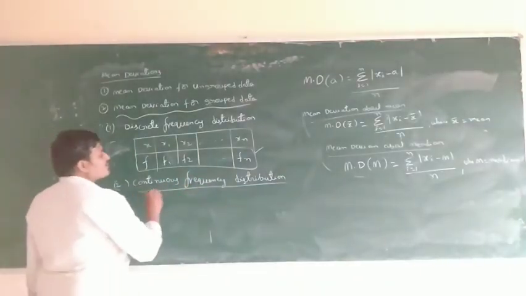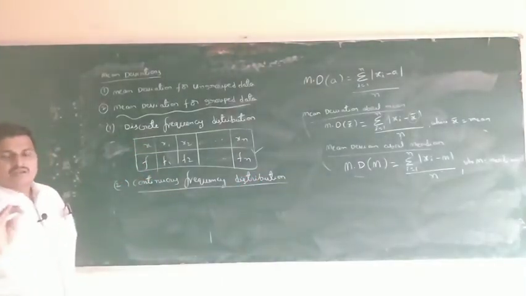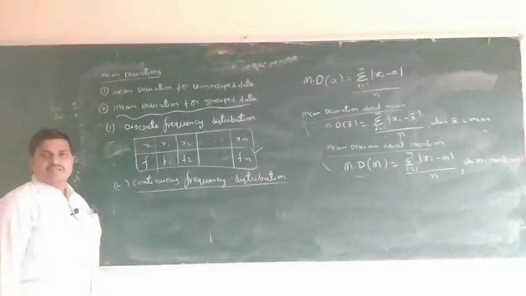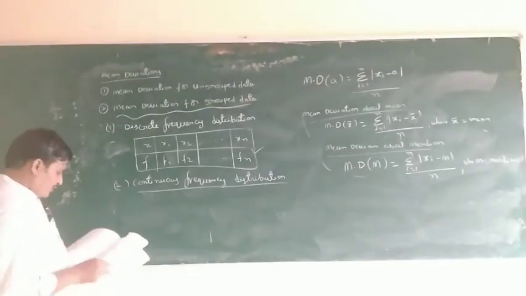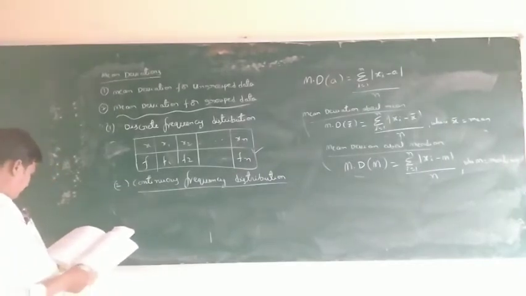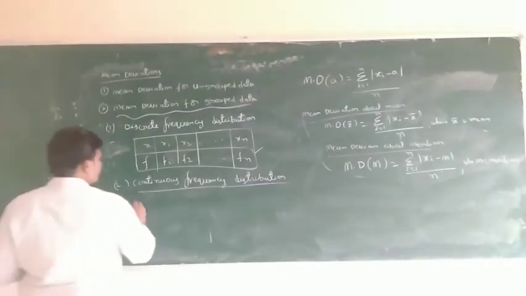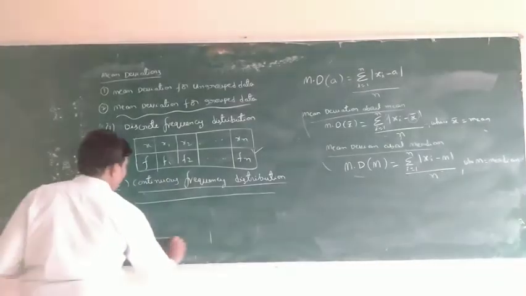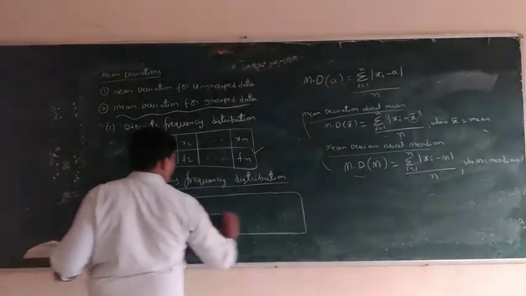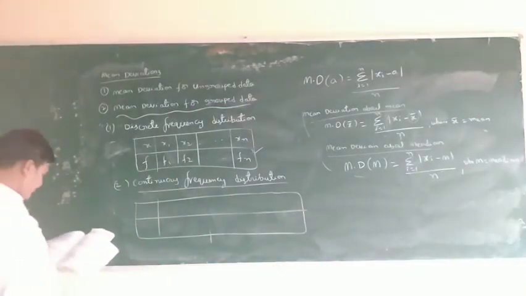Next, continuous frequency distribution. Continuous frequency means you are given class intervals, 0 to 10, 10 to 20. This type has only intervals. Intervals mean which type of frequency? Continuous frequency distribution.